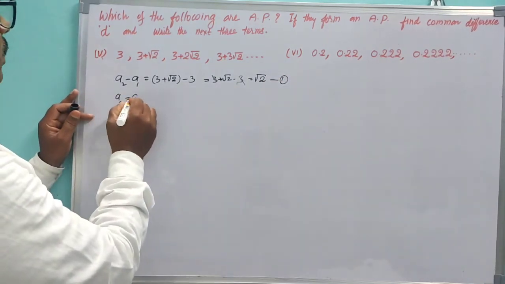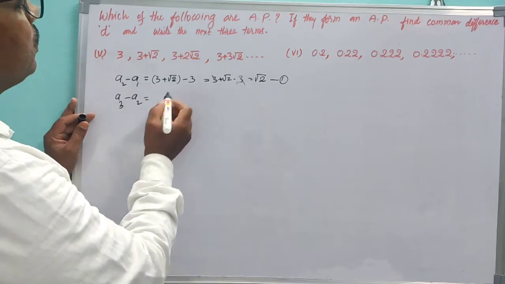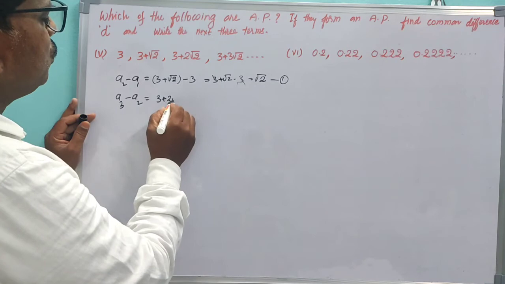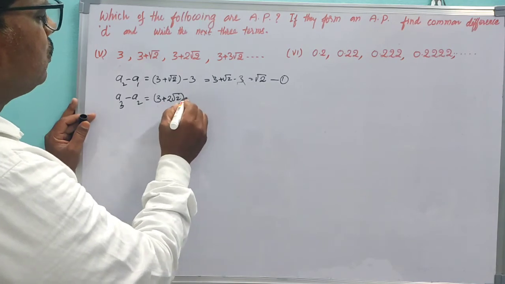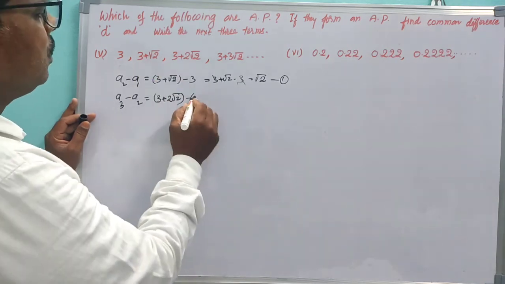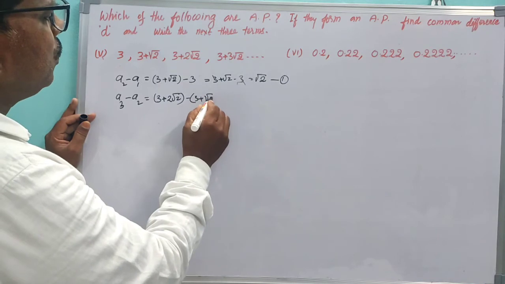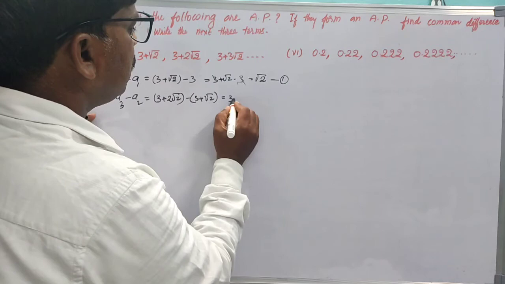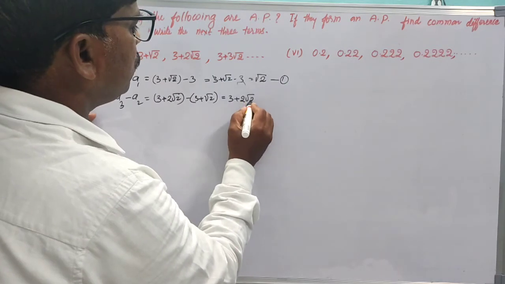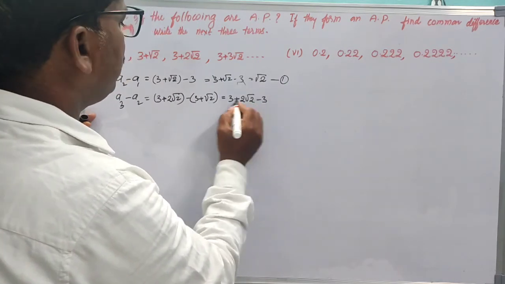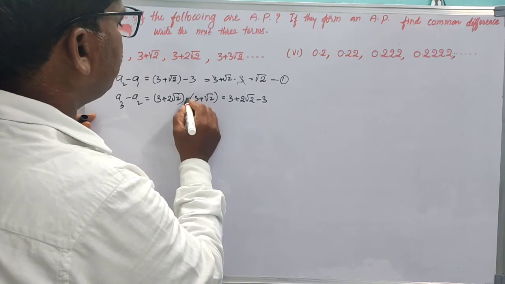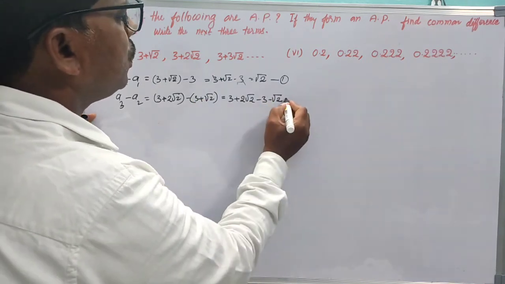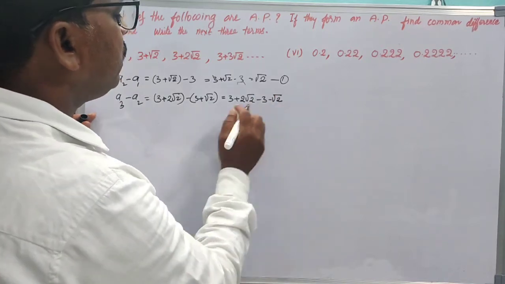So a3 minus a2. So what is this? This is a3, 3 plus 2 root 2, third term, minus second term, 3 plus 1 root 2. So open the bracket, 3 plus 2 root 2 minus 3, and minus into plus minus, minus 1 root 2.